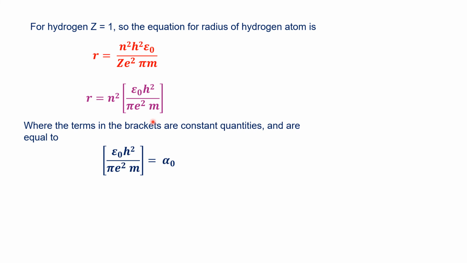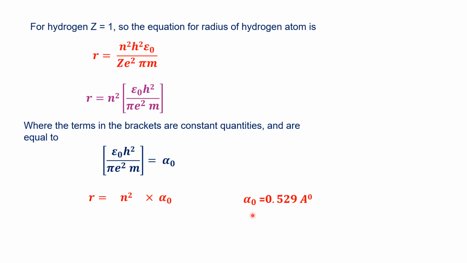Now the equation has some constant values that are present in a square bracket, and these constant values are replaced by a single constant that is equal to alpha naught. Now putting the value of alpha naught in the above equation, we will get r is equal to n square multiplied by alpha naught.